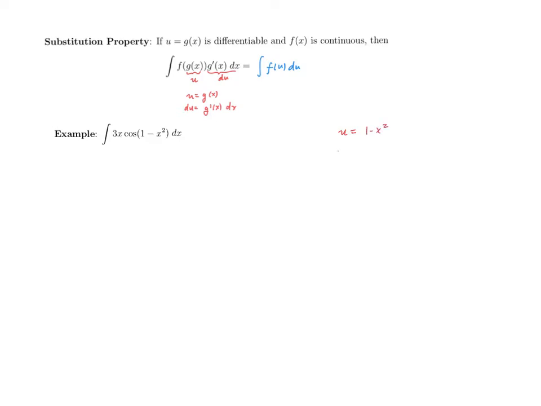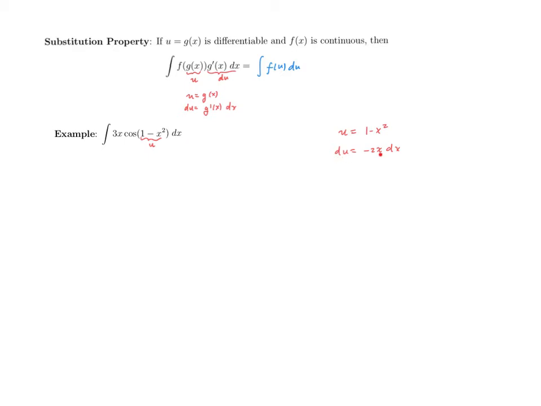If u is 1 minus x squared, du is minus 2x dx. And we need to go from all x to all u. So clearly by the choice of our substitution, 1 minus x squared becomes a u. That leaves us with the 3x dx that somehow needs to be accounted for by the du.